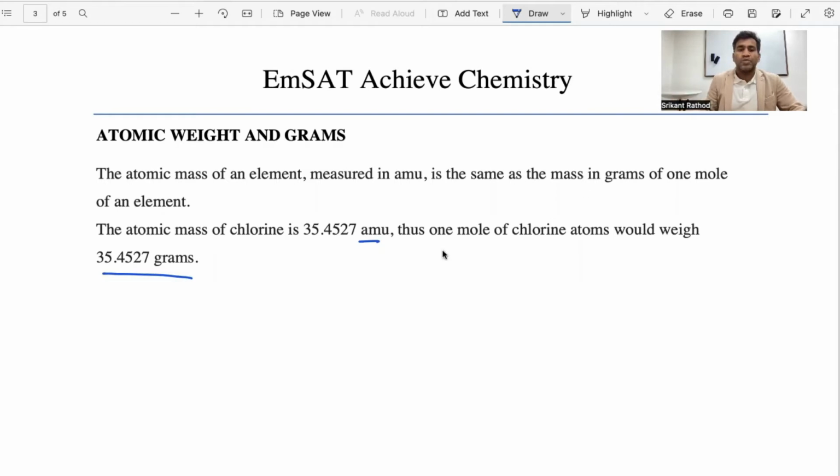If you have any confusion, just try to understand that atomic mass unit is the same as mass in grams, and we use that to calculate the moles of an element, a substance, or a gas, whatever we're going to study. Just keep in mind, weight is equivalent to the mass in grams.